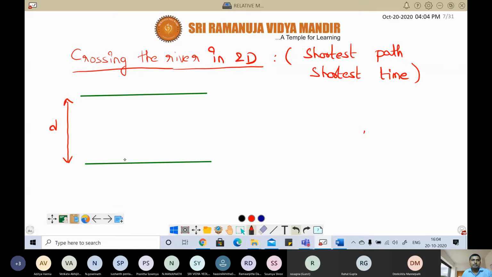Let us say the river flow is towards the right side. Now a person starts swimming from the starting point A, and the exactly opposite point is B.